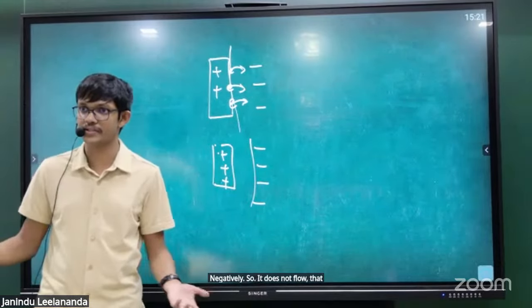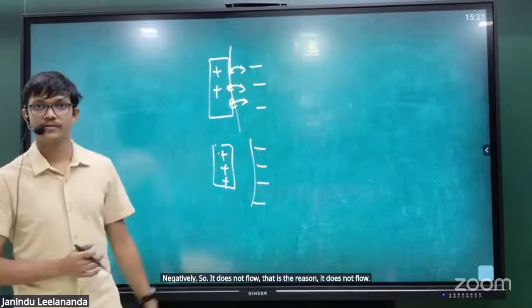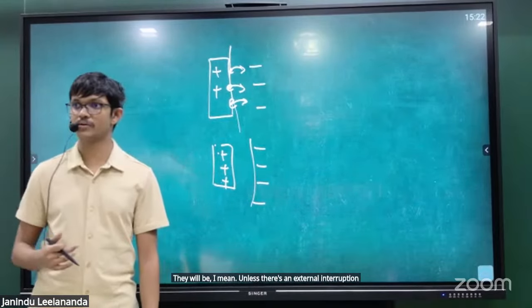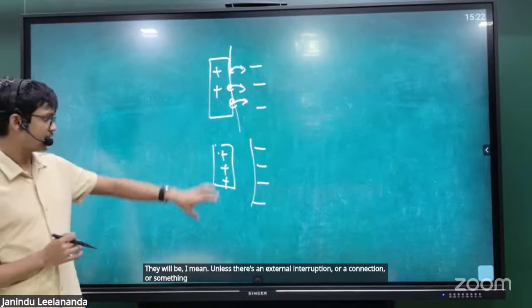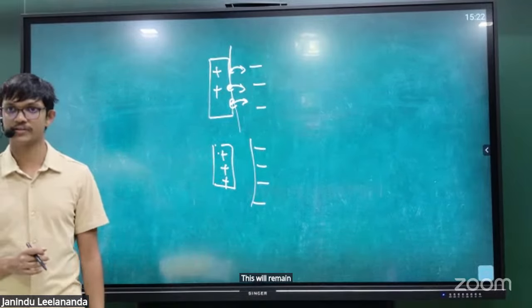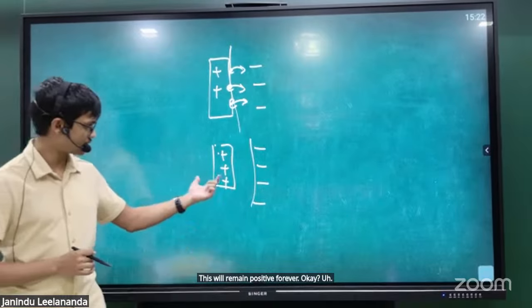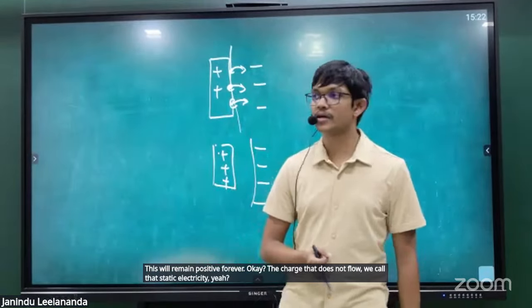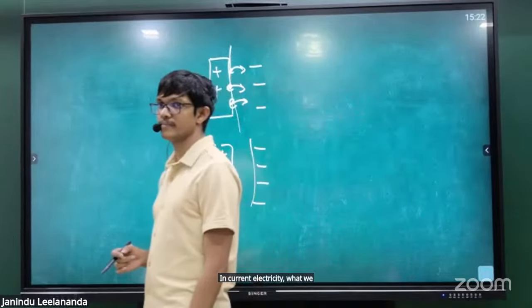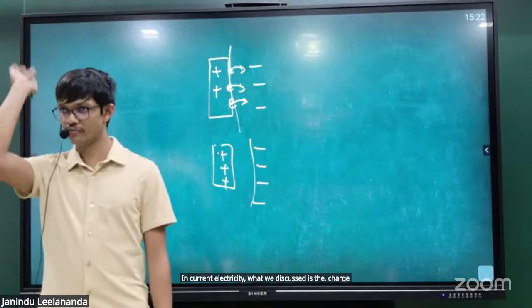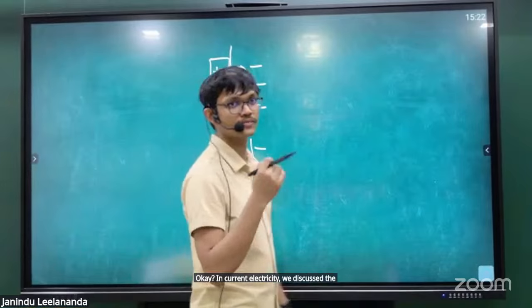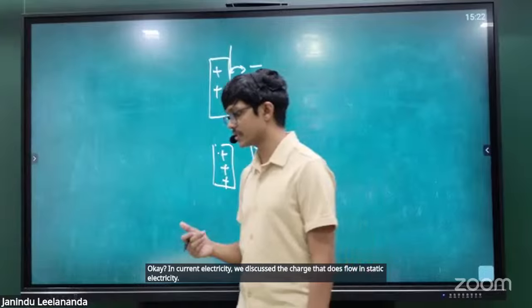That is the reason. Unless there's an external interruption or a connection, this will remain positive forever. The charge that does not flow, we call static electricity. In current electricity, we discuss the charge that does flow. In static electricity, it's stationary charge.